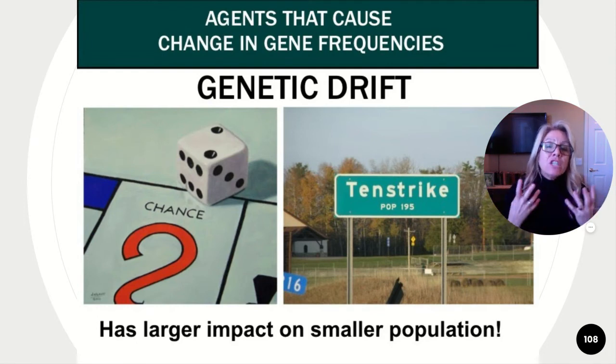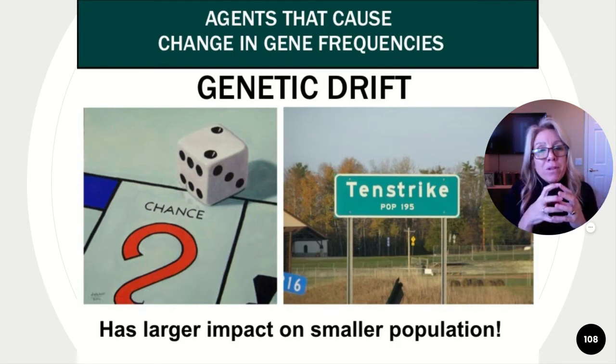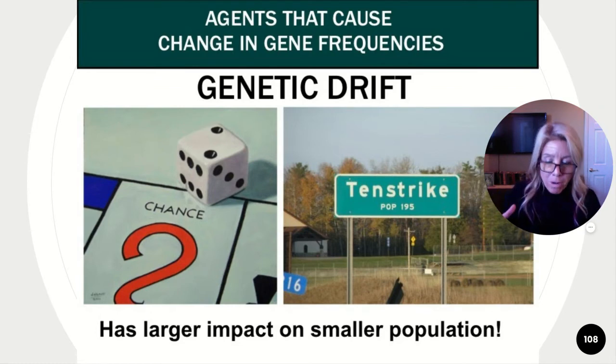And genetic drift occurs more likely in a small population rather than a large population. So a small population size can lead to genetic drift, changes in the allele frequencies of a gene pool due to chance events. Smaller gene pools are more impacted by drift.